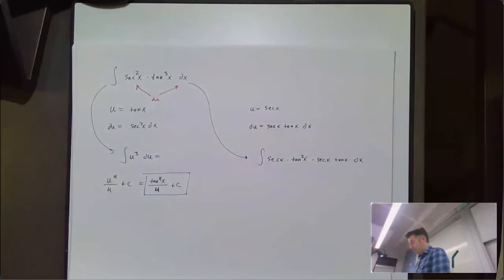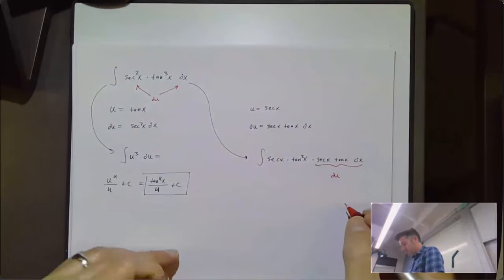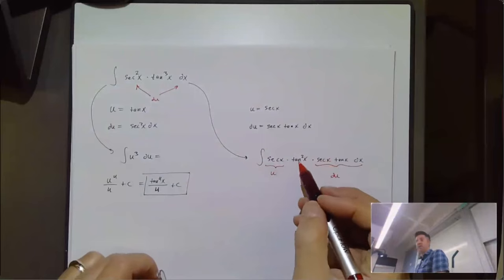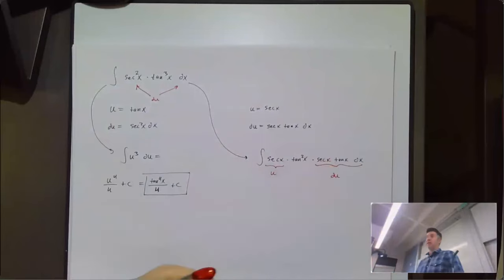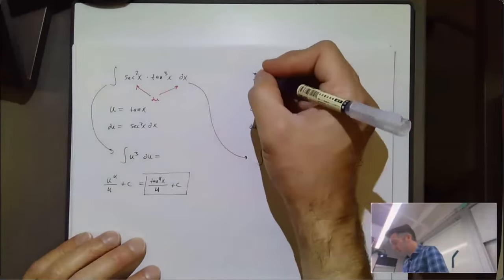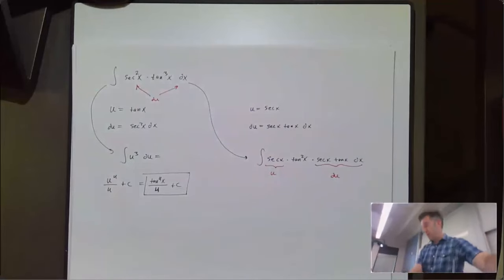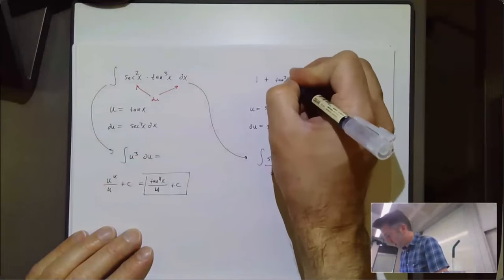So check it out. There's my du. There's my u, and I have an even power of my non-u choice left over. So then I use the identity for tangent and secant, which is everyone's favorite. And I'm sure I've said this in class before, but I'm going to say it again because I can't help it. It's "I tan and get sexy."